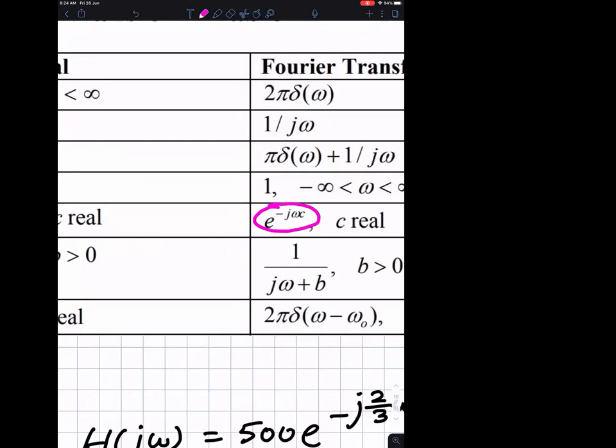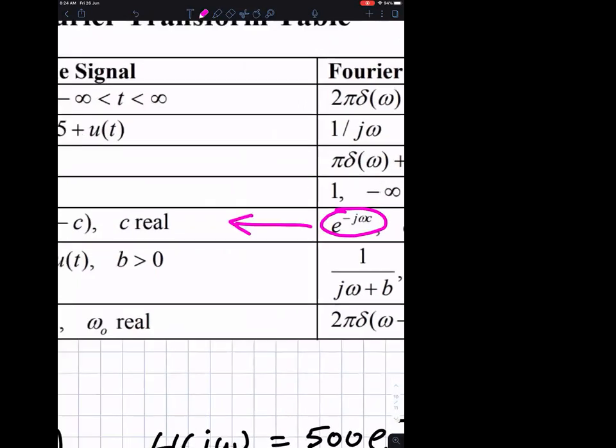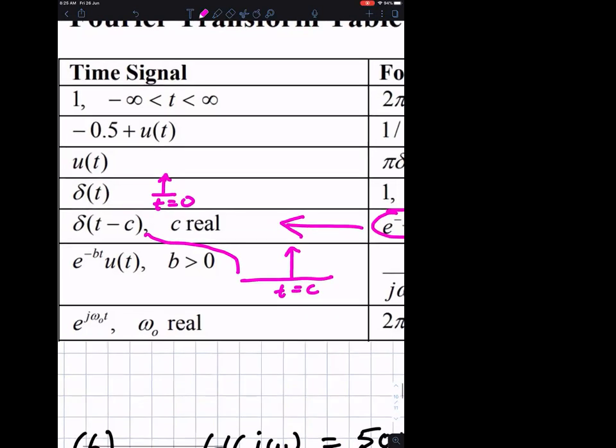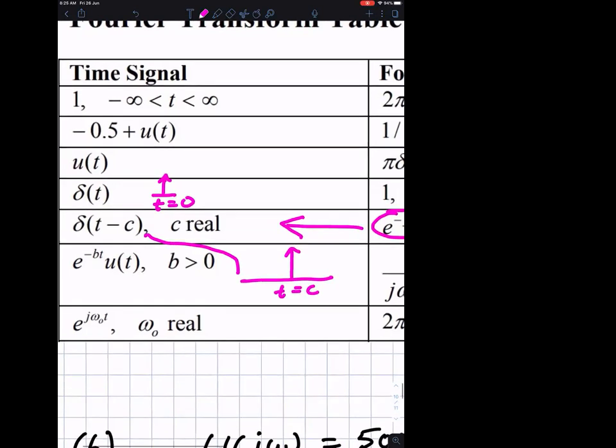The inverse Fourier transform is a time delay. What the time delay means: this one means there's a spike here at t equal to 0, but this one right here means there's a spike when t is equal to c. So there's a time shift or delay, we can call it.